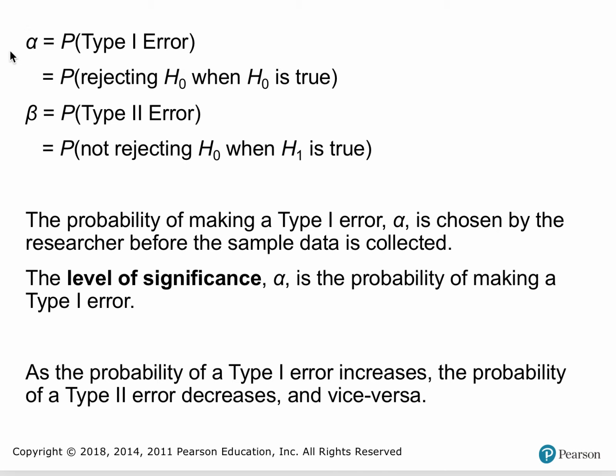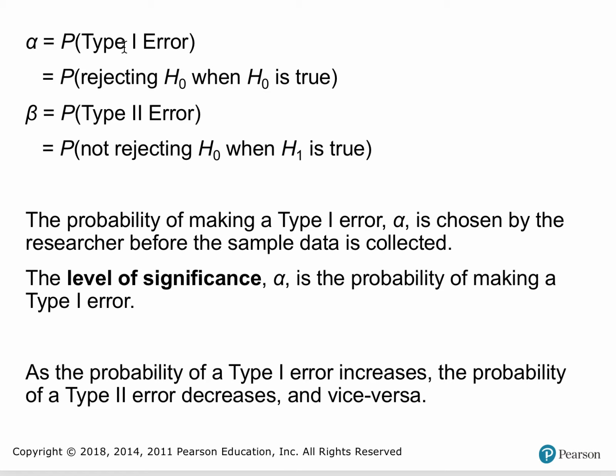So here's the common notation. We're going to let alpha be a type 1 error, beta be a type 2 error. So alpha and beta, again, the Greek alphabet, and at least these two are easy. It's like A, B, alpha, beta, right? So alpha for 1, beta for 2 to help us remember that. Okay, so alpha is going to be the probability that we made a type 1 error.